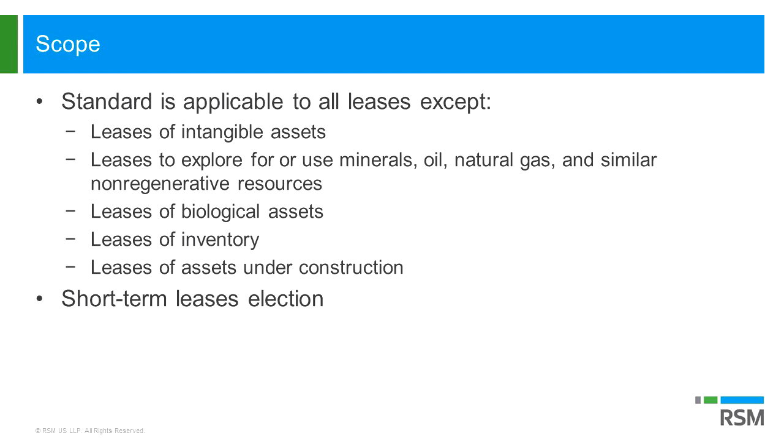There are certain transition methods and potential elections that will be discussed further, but as demonstrated on this slide, the majority of leases, I think especially in this industry, will be subject to the review and application of the new standard.